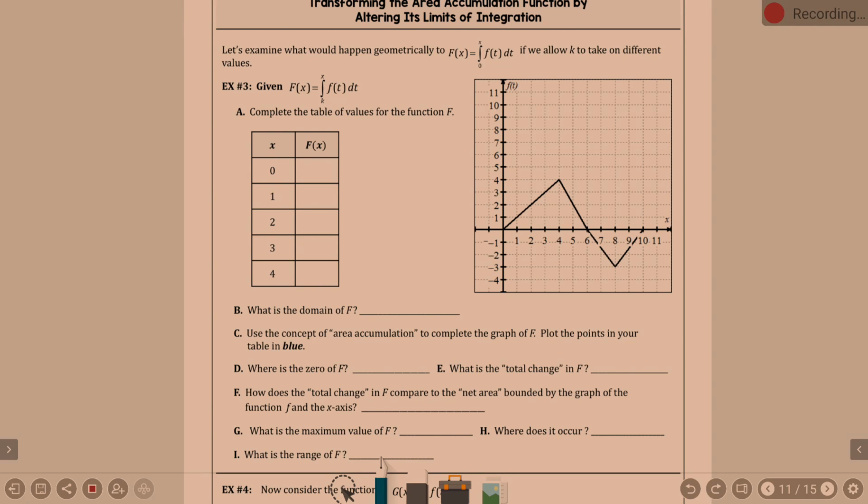Okay. Well, in that time, we're going to talk about example 3. So let's examine what would happen geometrically to f of x equals the integral of, and there is a typo here. That 0 is not supposed to be a 0. It's supposed to be a k.